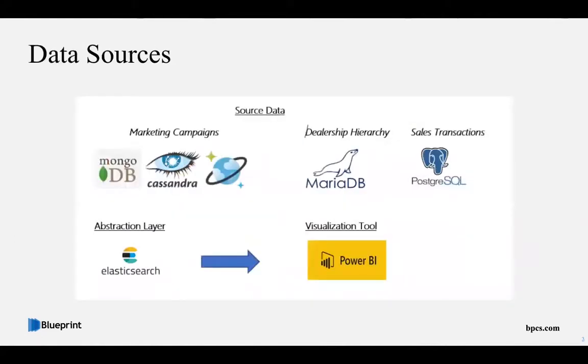They've got marketing campaigns stored in Mongo, Cassandra, and Cosmos, their non-relational data sources. They had their dealership hierarchy and sales transactions stored in MariaDB and Postgres. So they took all of it and created a replication analytics layer in Elasticsearch and just dumped it all into JSON, because Elasticsearch just indexed all of it.